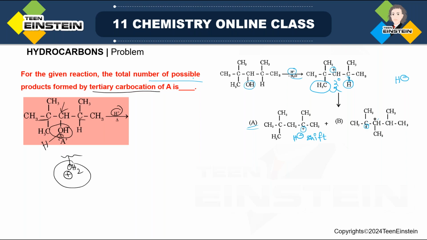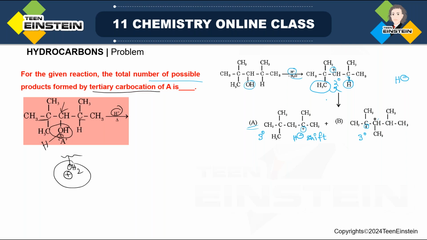But first we will see that these two are the carbocations, both are now 3°. That means from these, the products that will be generated you can count as the answer. You should not count the alkene which will be formed from the first generated carbocation because that is 2°. We just have to consider tertiary carbocations, not secondary. So both are A and B, both are 3°.